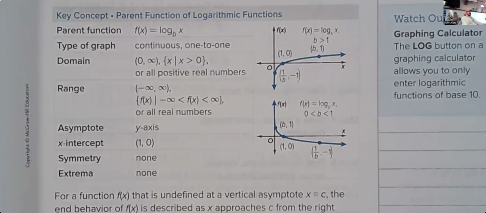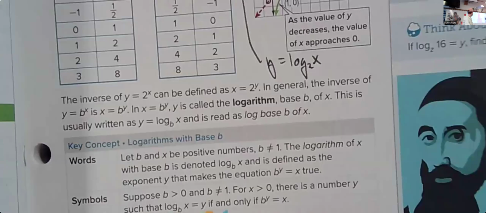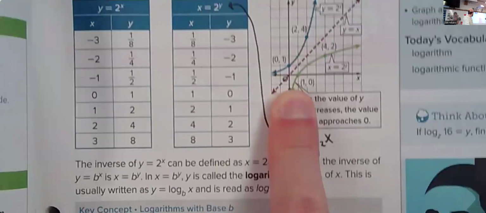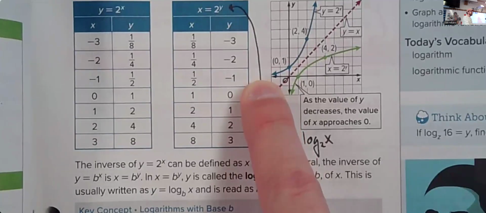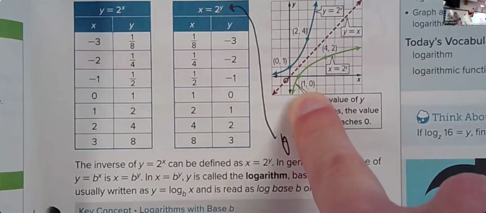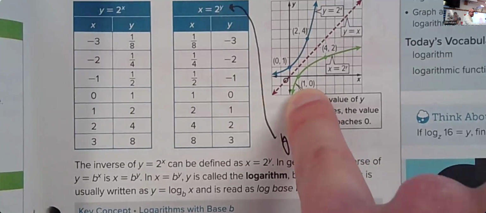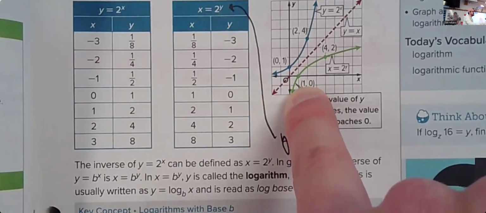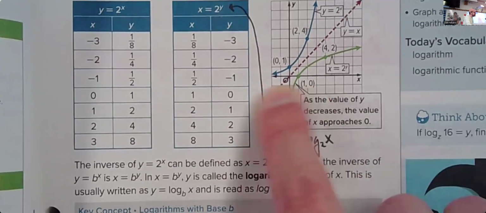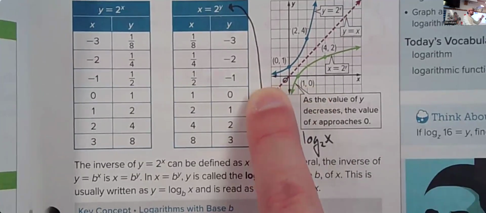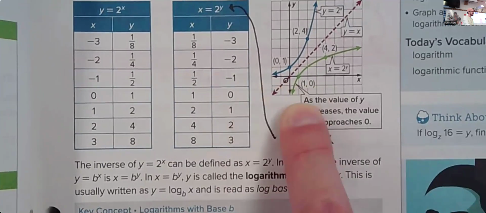It goes up like this. I'll go back here to show you real quick. Right here. The range is all values of y that are greater than 0, which means that the domain of a logarithmic would be x values greater than 0, not greater than or equal to. Because instead of having a horizontal asymptote, the inverse of that would then mean we have a vertical asymptote.